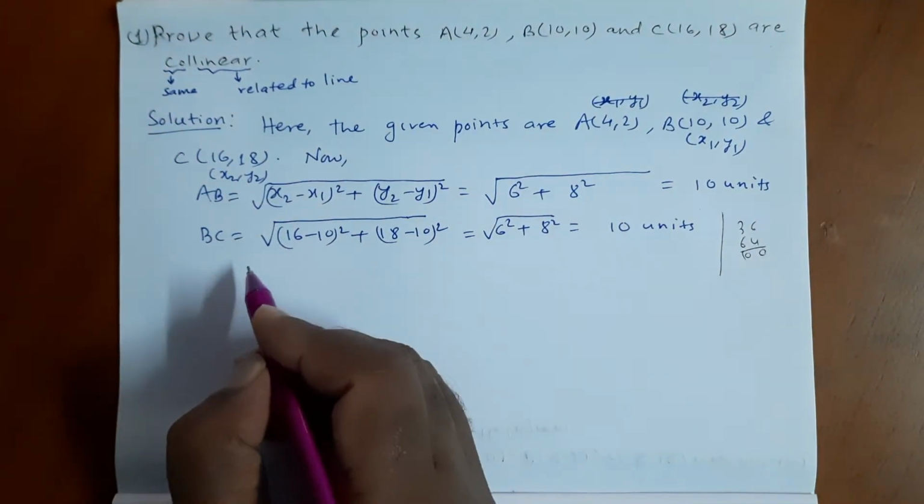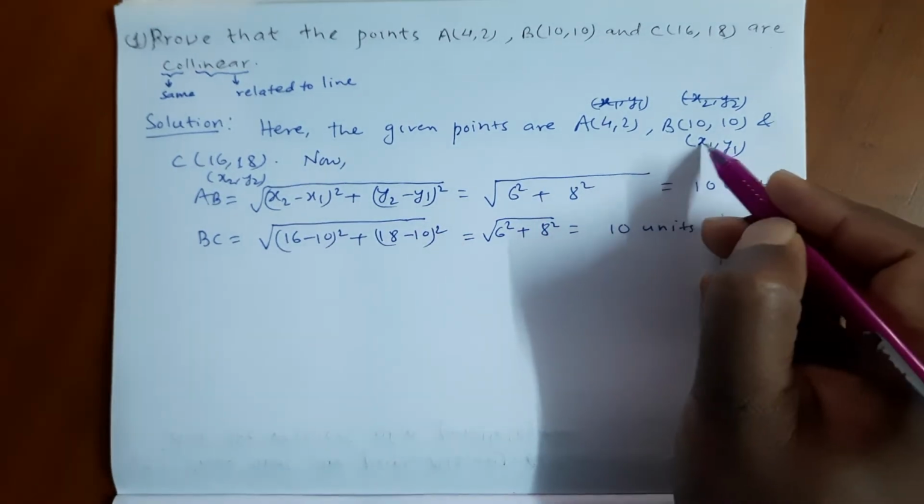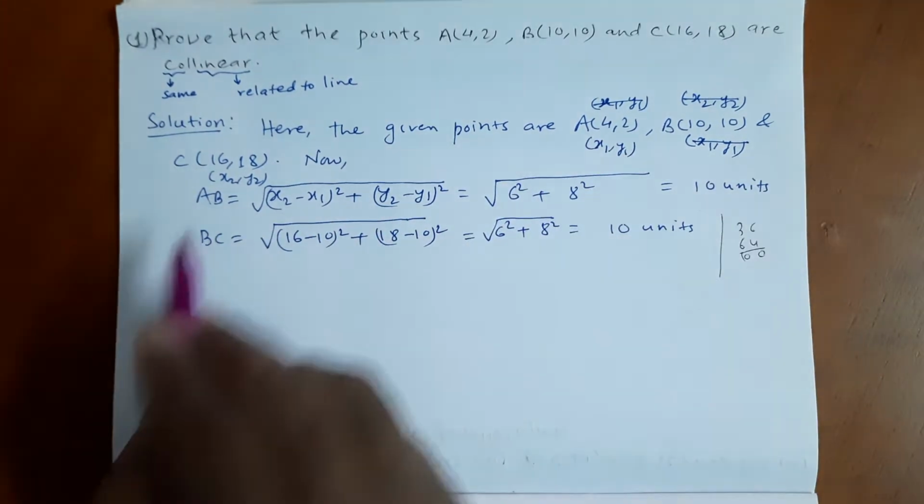And again, to find out AC, you can suppose A to be x1, y1 and C to be x2, y2.